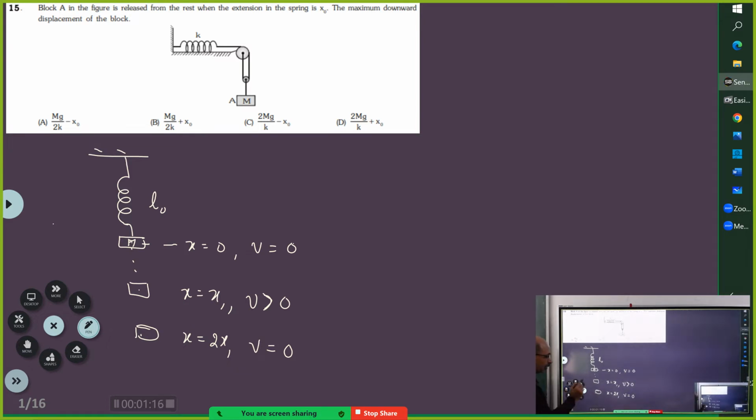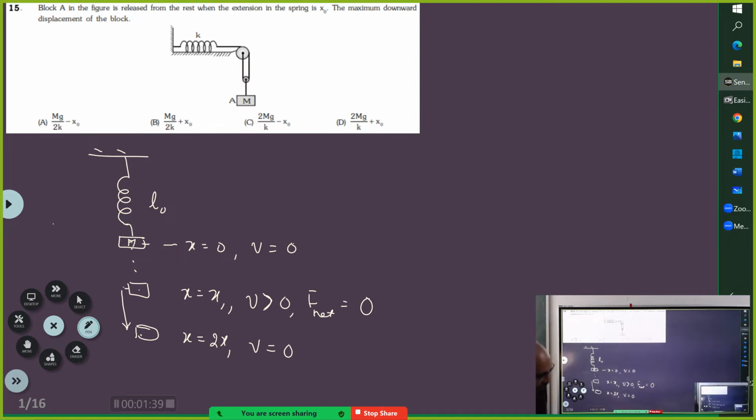Now let's understand this. What is the reason the mass will travel from this position to this position? Because at this position the net force F net is equal to 0. Now what takes it to this position?